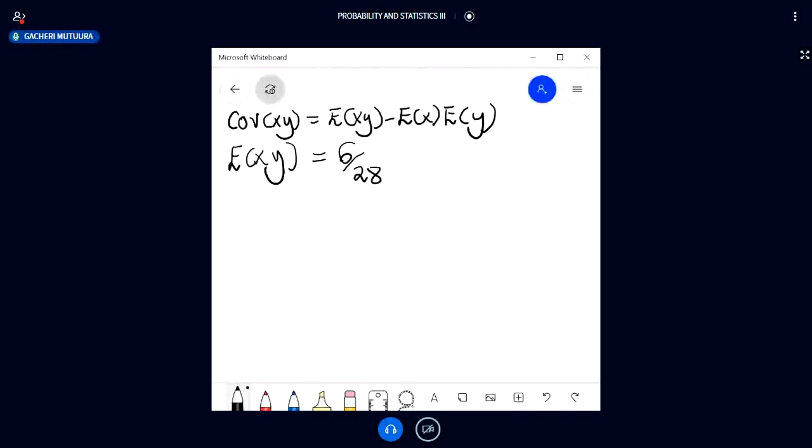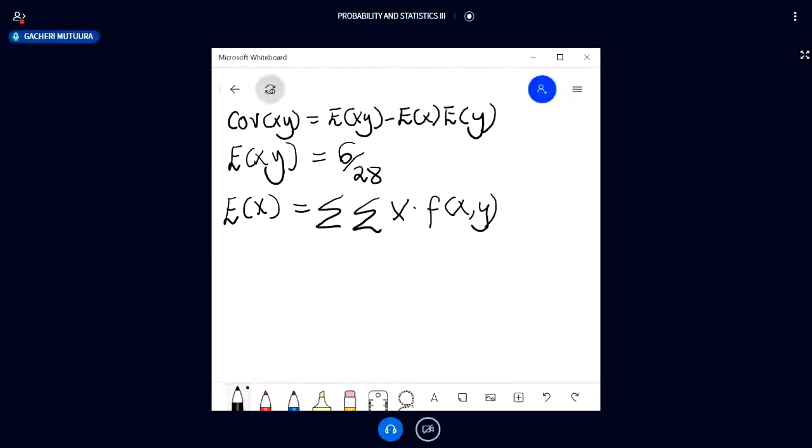So what I want us to compute now is the expected value of x and the expected value of y. Have you traced it from last week's class? The expected value of x, which is our mu x, this is a discrete case. So this will be the summation of x times fxy, since it is discrete.